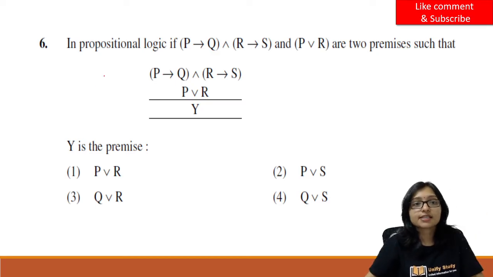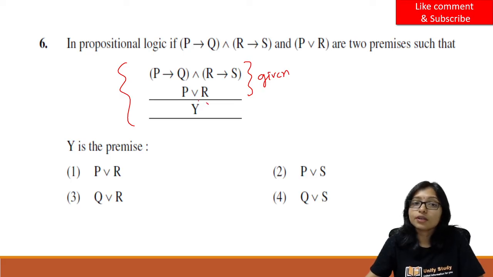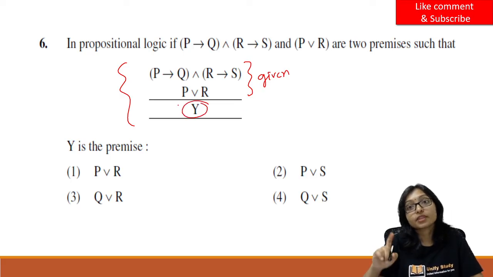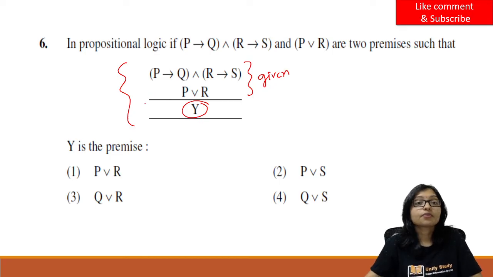So this one is a syllogism. Do this one. What is a syllogism? How to prove it? These are given to you. When these are given, what will be the value of y? You have to find that.